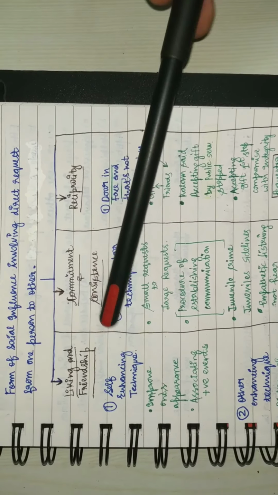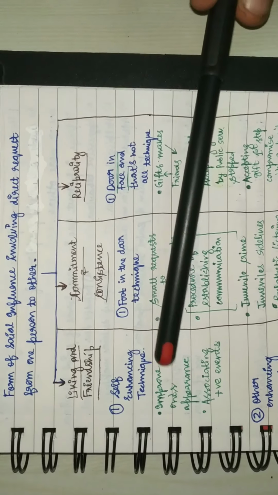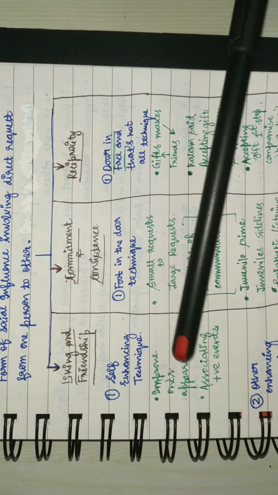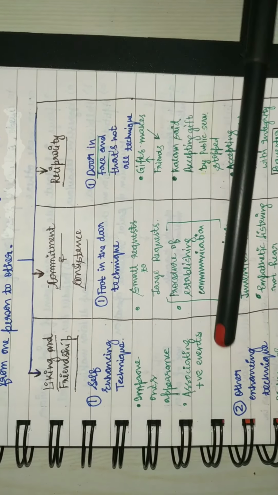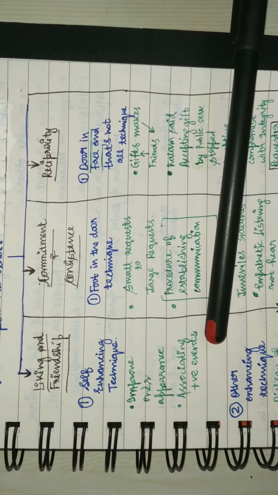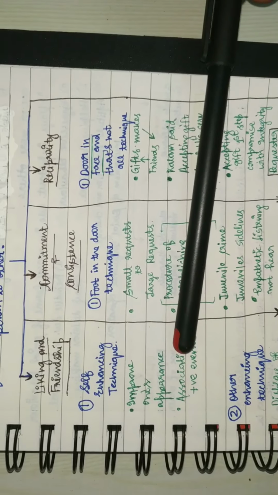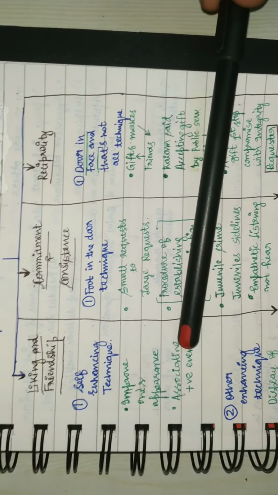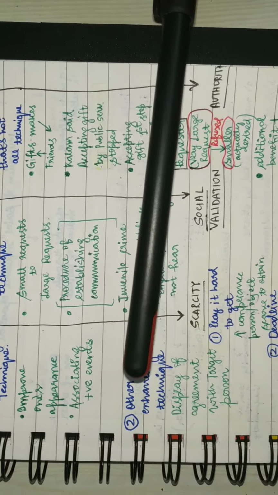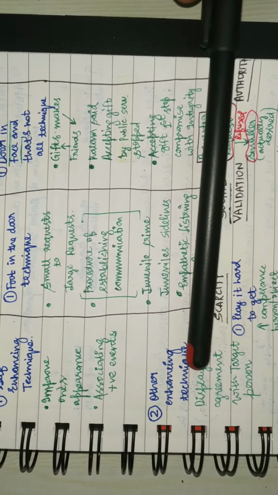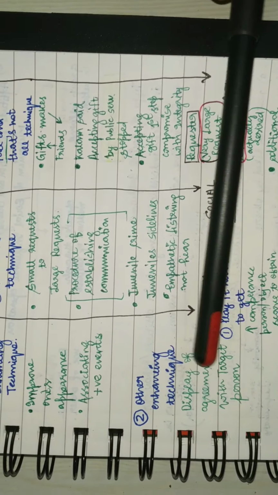Let's see what the techniques are. Now, the first is the self-enhancing technique to increase your liking: improve one's appearance, associate with positive events, show that you have come from a very educated background. Other enhancing techniques could be to display agreement with the target person.